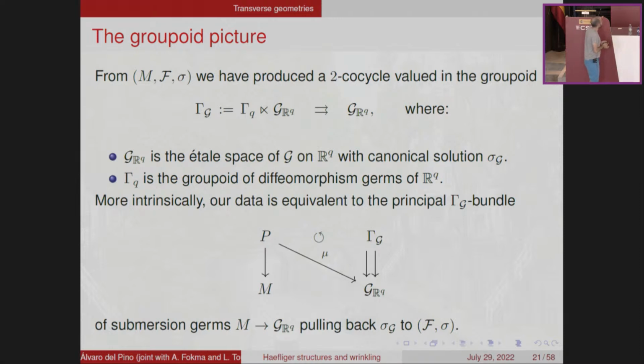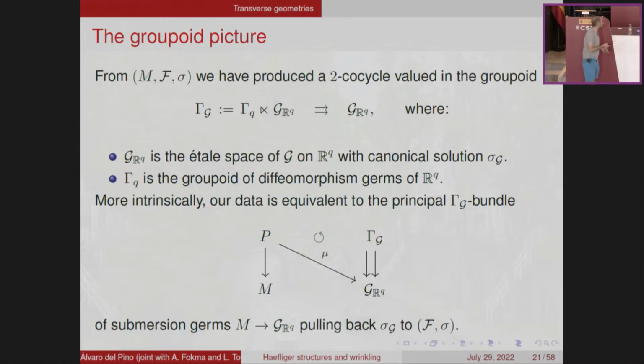Oh, right. So what am I saying? We've said that out of our data, we have produced a Čech cycle. This is just a way of presenting our data. Of course, I could have produced many other equivalent Čech cycles. The intrinsic way to say what I'm saying is that I call this groupoid gamma G, and we are producing a principal gamma G bundle.